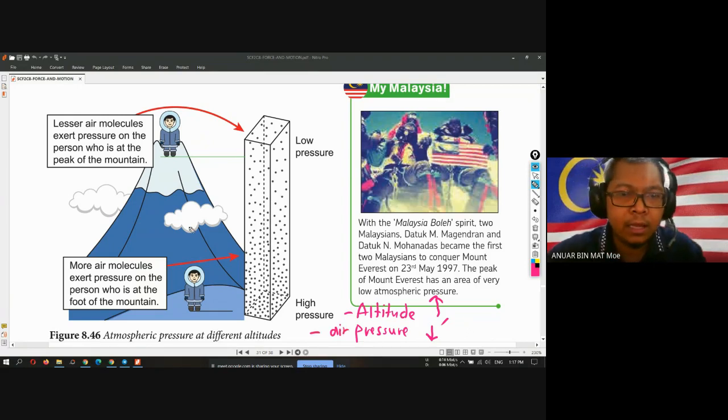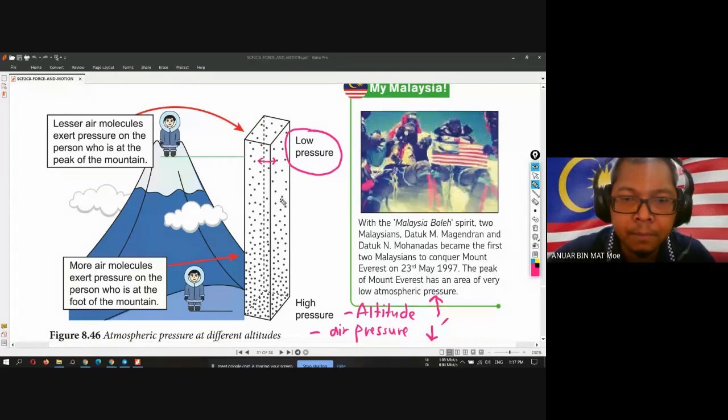Okay, why? Because as you go higher, for example, up in the mountain, can you see what is the difference here? You can see that the air particle, when you go higher, the air particle becomes less.